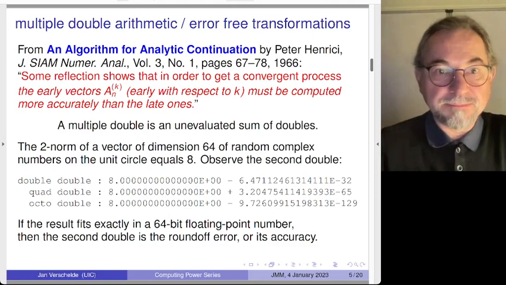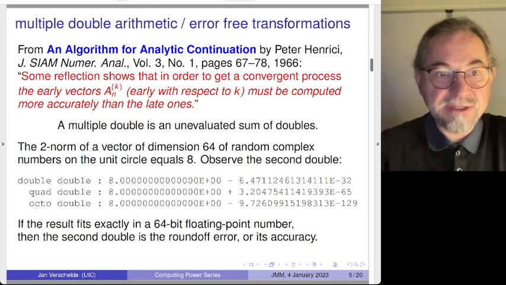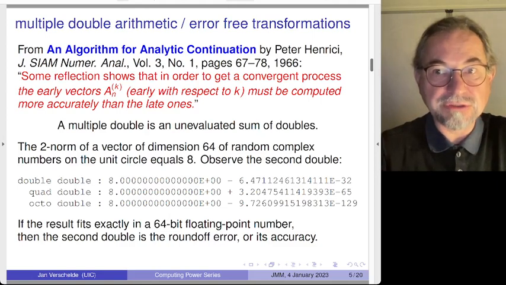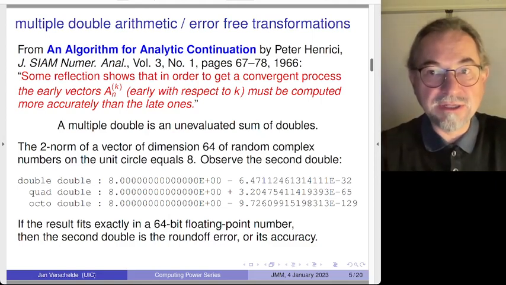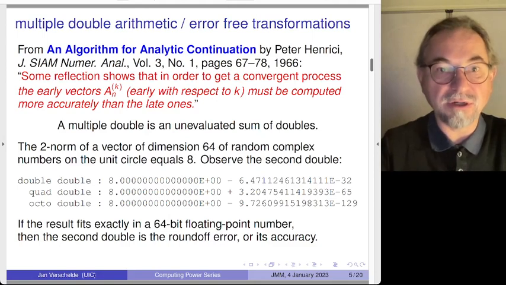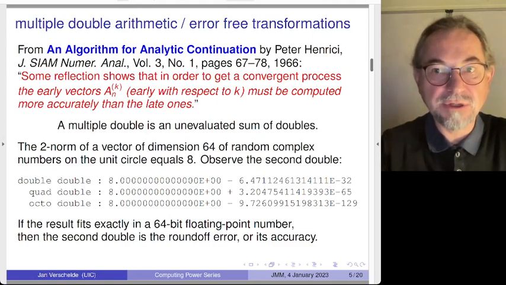All right, I'm citing here a historical reference, which addresses the convergence. In order for convergence, the leading coefficients must be computed much more accurately than the next coefficients. You can also see this as follows.